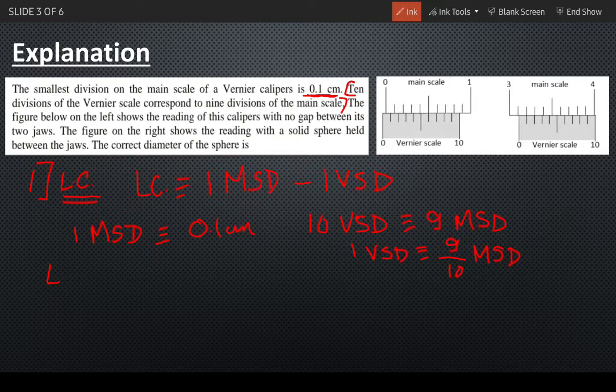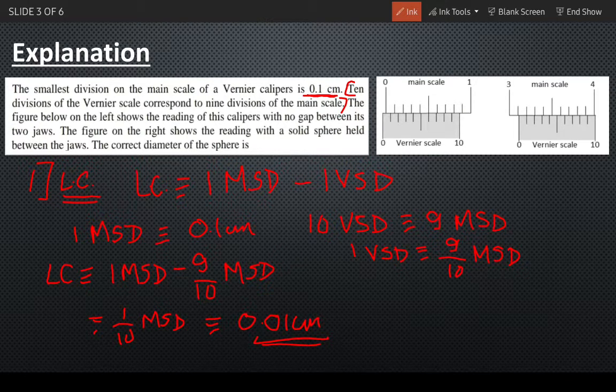So the final least count becomes 1 main scale division minus 9 by 10 main scale divisions, which comes out to be 1 by 10 main scale divisions, which finally becomes 0.01 centimeter.